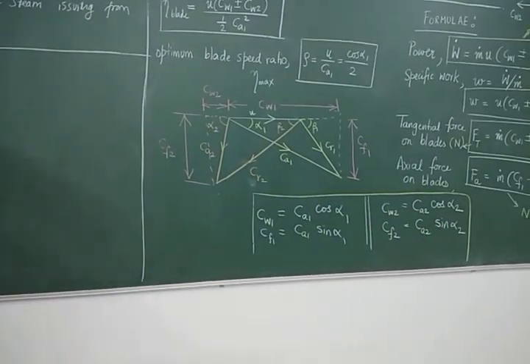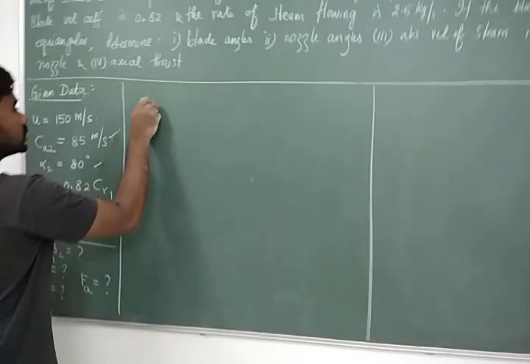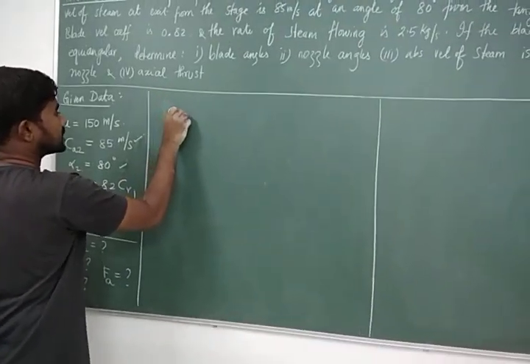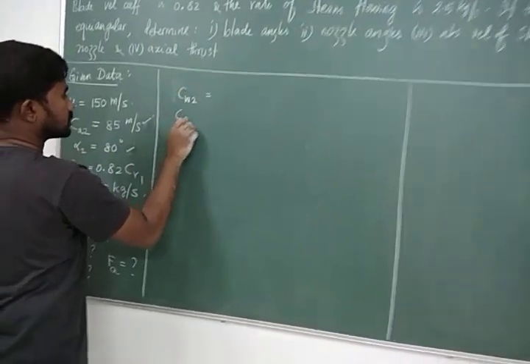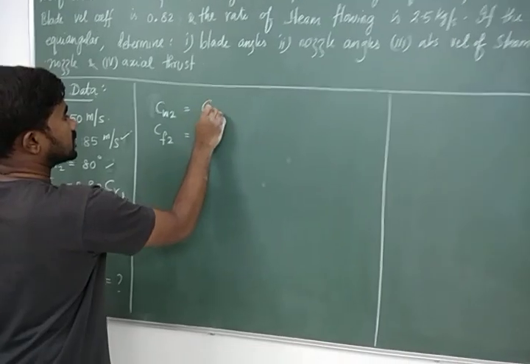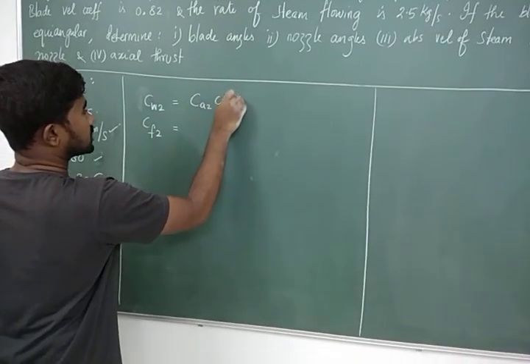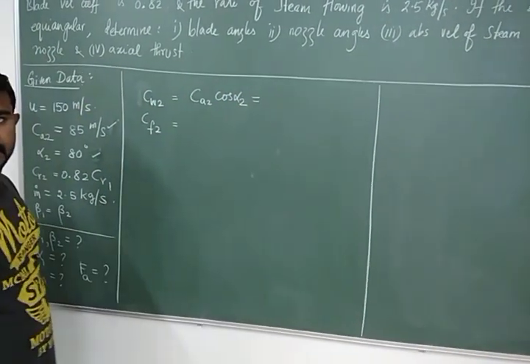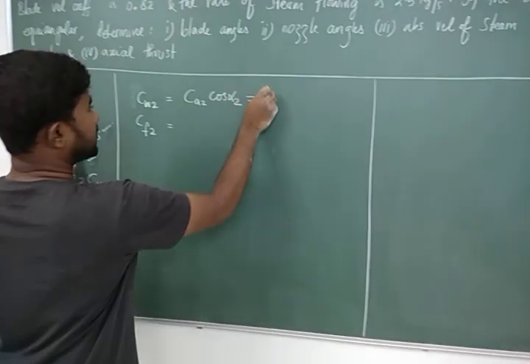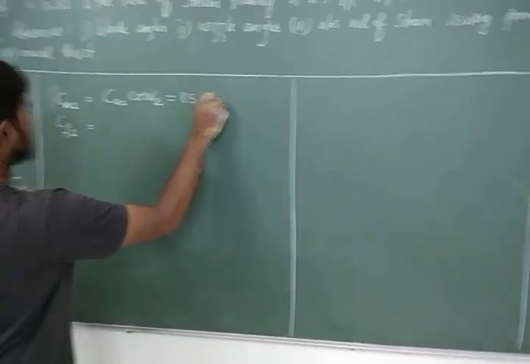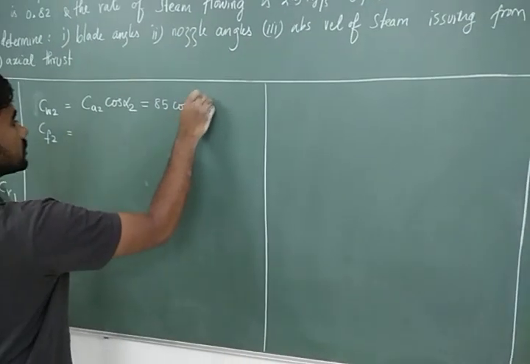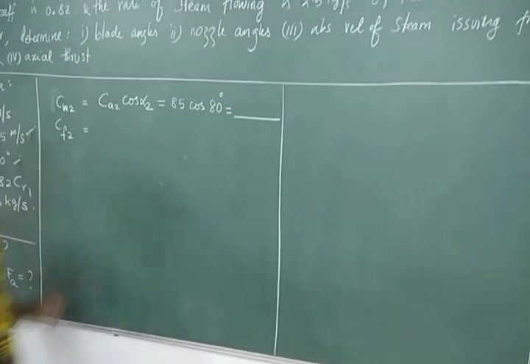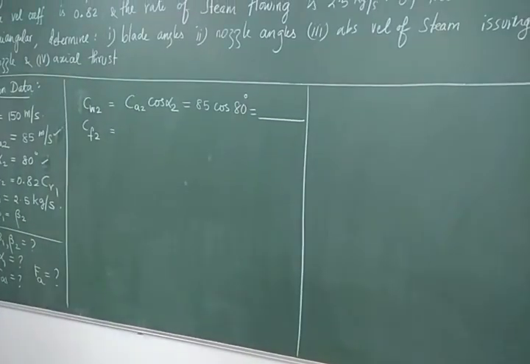So let us find from the exit velocity triangles CA2, CW2 and CF2. CW2 is CA2 cos alpha 2, which is the horizontal component, and CA2 is 85 cos 80 degrees. This turns out to be so many meters per second.